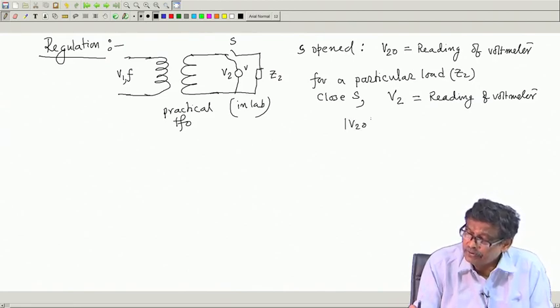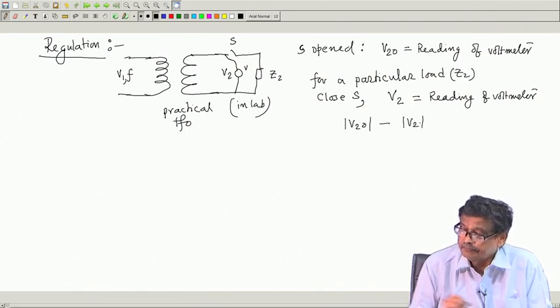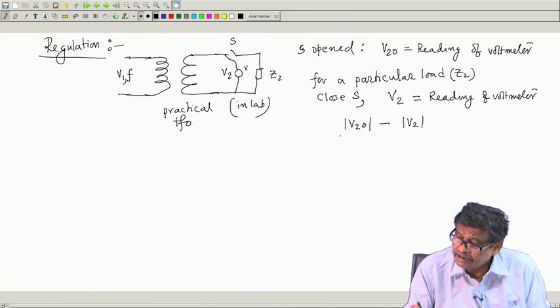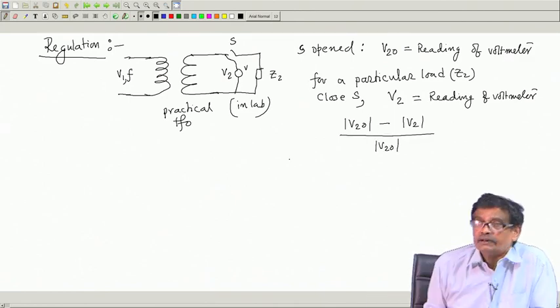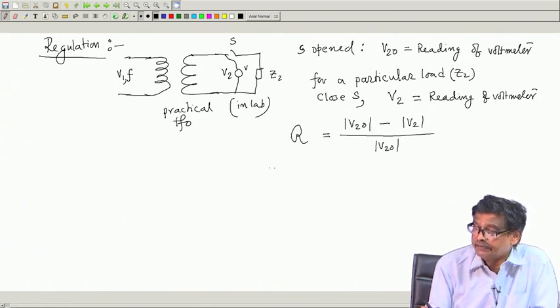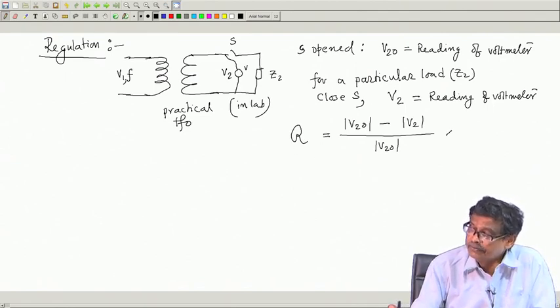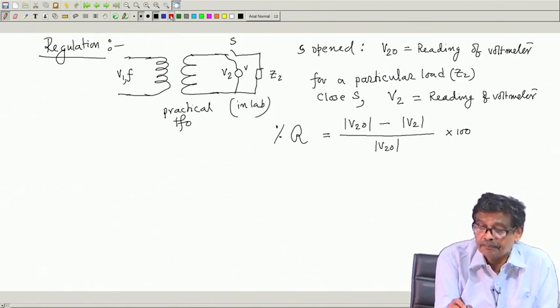So, you calculate this change and divide it by the open circuit voltage. With respect to that, how much is the change in voltage, and you get regulation. This is in per unit. So, multiply it with 100, get percentage regulation. This is the thing.